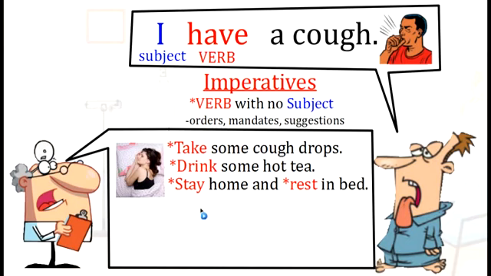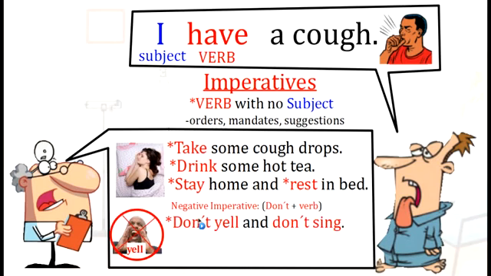Now, sometimes we give a suggestion or an order, and it's a negative imperative. For the negative imperative, we use don't for all types of sentences and the verb. So, for example, one example of a negative imperative Dr. White says is don't yell and don't sing. When you have a cough, it's important. Don't yell and don't sing.